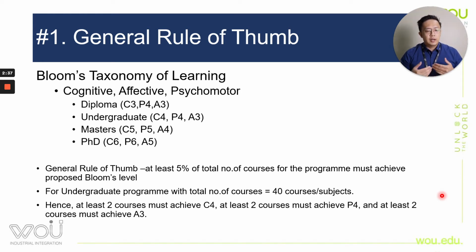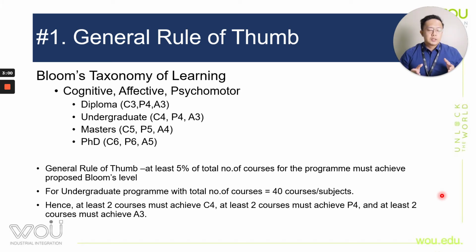For undergraduate, you should cover until C4, P4, and A3. For a master program, you should cover up to C5, P5, or A4. For PhD level, you should try to cover C6, P6, or A5. This is what they have proposed when we want to design a course learning outcome.